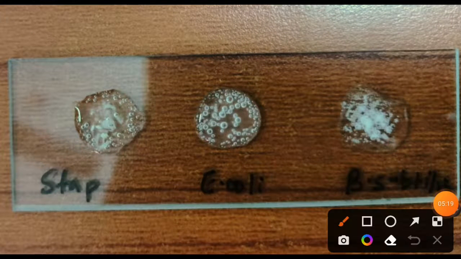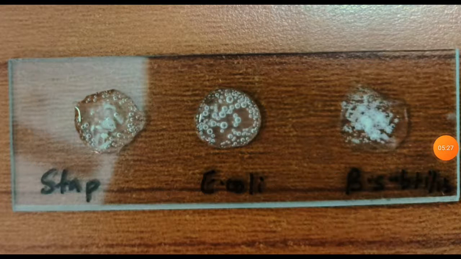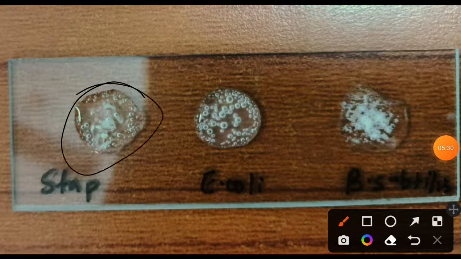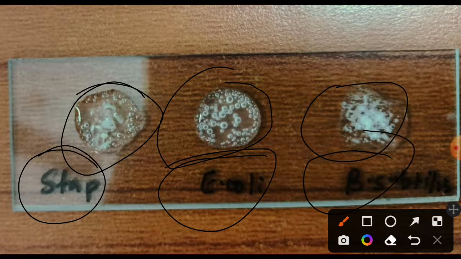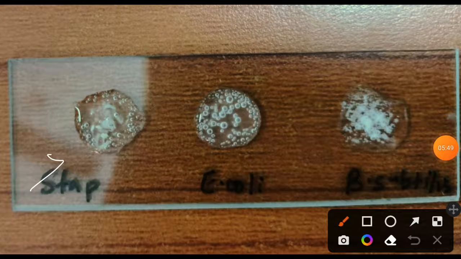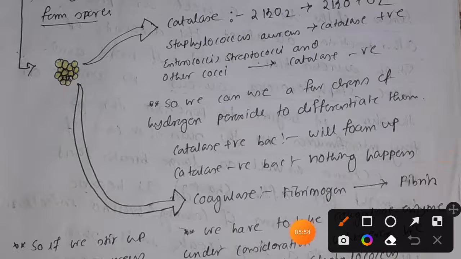It is difficult to distinguish with this picture because the specimens we used, Staphylococcus aureus, E. coli and Bacillus subtilis, are all catalase positive. If you use, let's say, Streptococcus, you would get a normal solution there. That is how the foam formation looks, and nothing will happen for catalase negative bacteria.